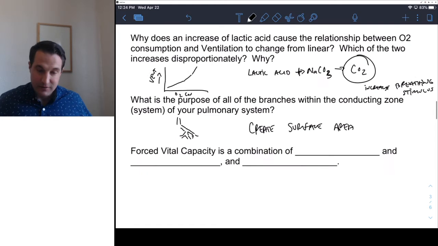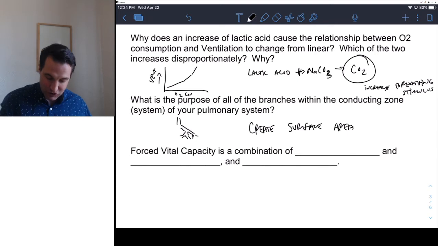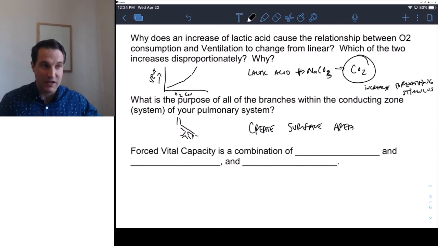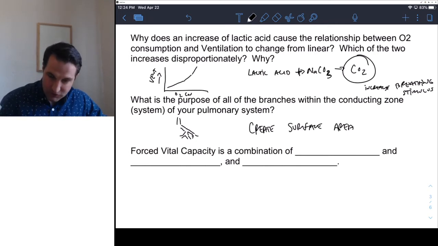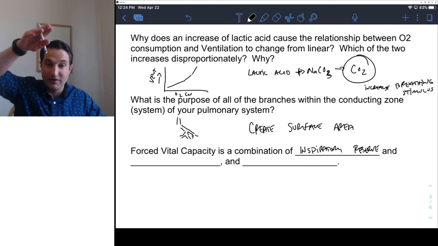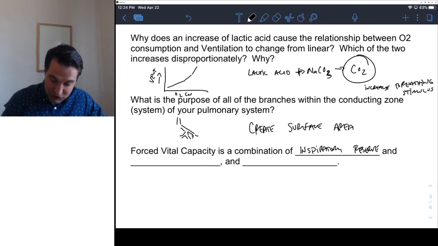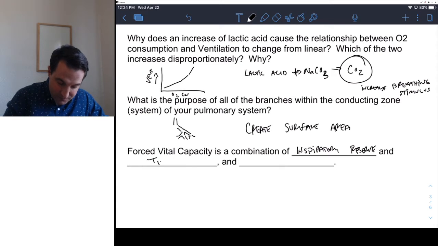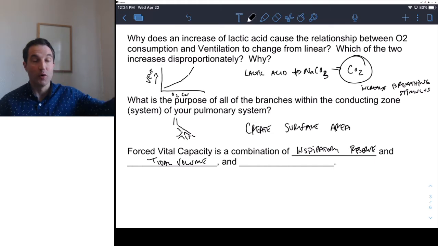Okay, last one, a little fill in the blank here. Forced vital capacity is a combination of which factors that we discussed? Well, it's going to be part inspiratory reserve. Remember, that's at the top of the curve right there. It's also going to be tidal volume, just our normal breathing.